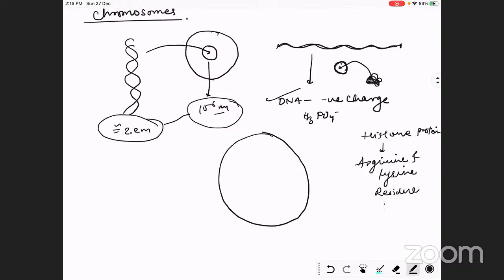Arginine and lysine residue, and both are the basic amino acid, and basic contain the positive charge. That's why the histone protein contains the positive charge.